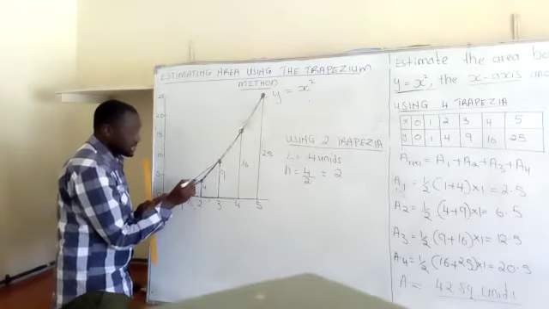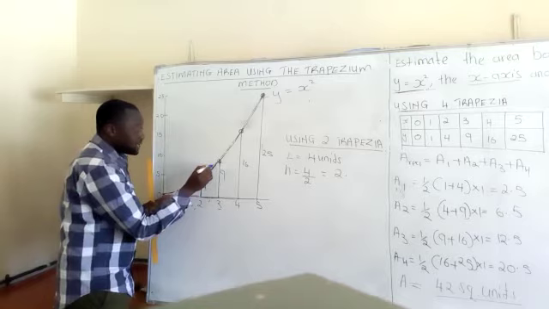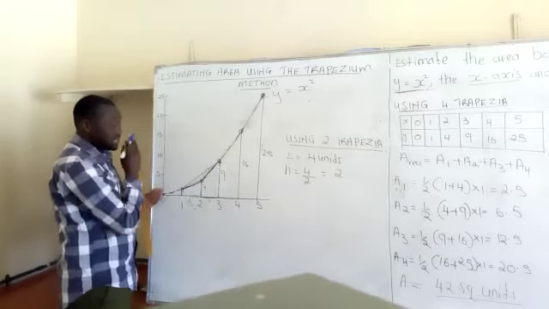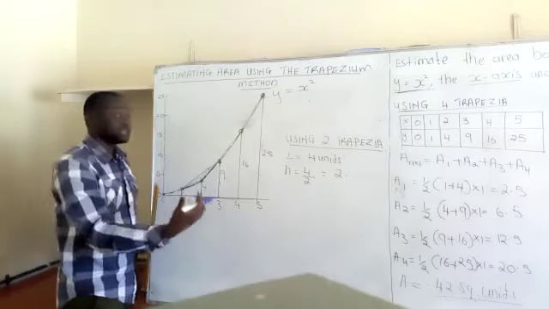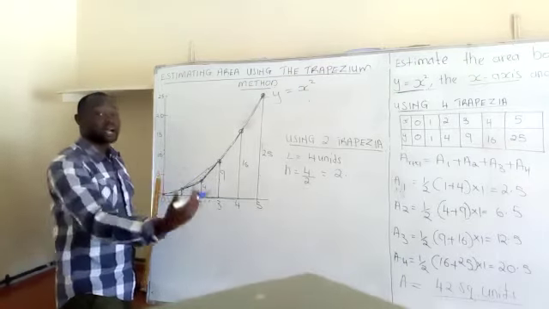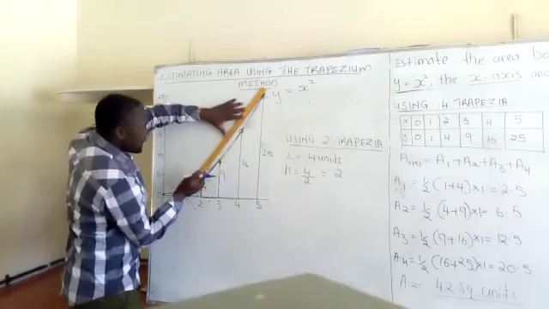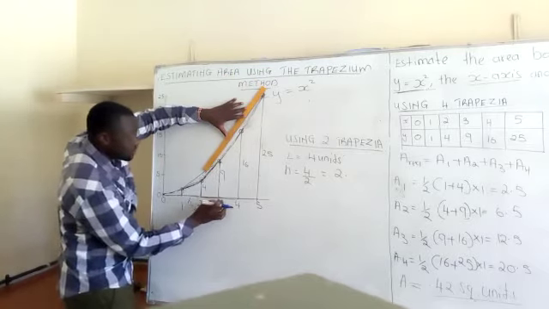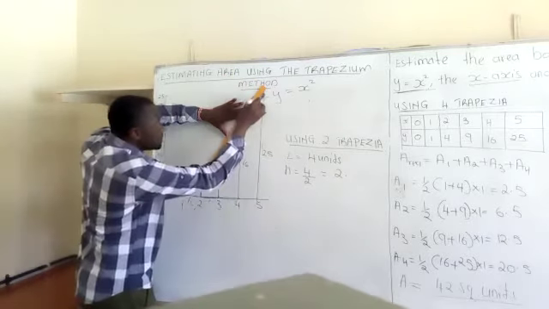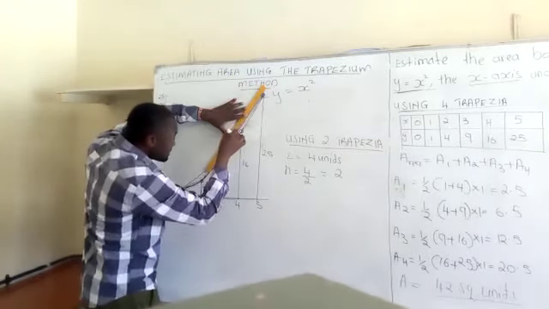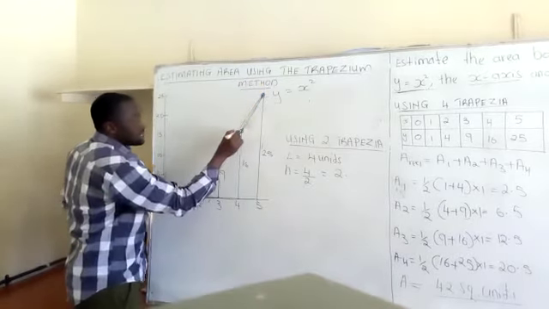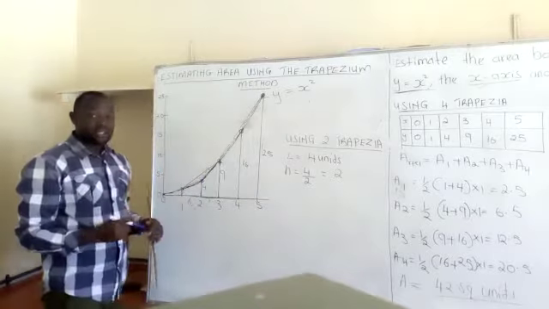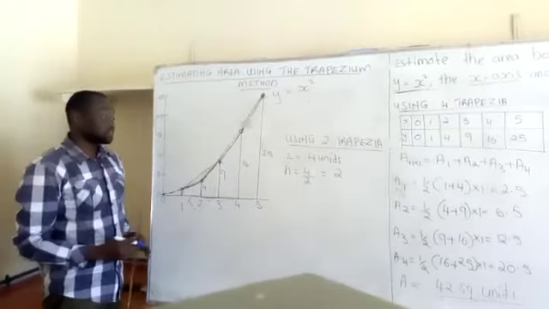And this makes now a bigger region that is outside the graph to be included in our calculation. Therefore, we are introducing a bigger error. Again, the next will now be from 3 to 5, 2 units. Then again, that is the trapezium that we'll be having. It has included a bigger area that is outside the graph.